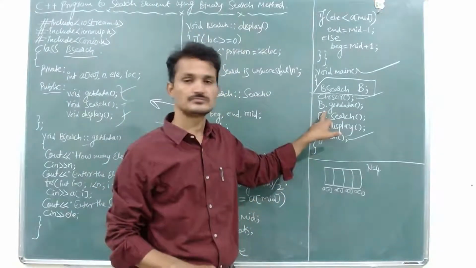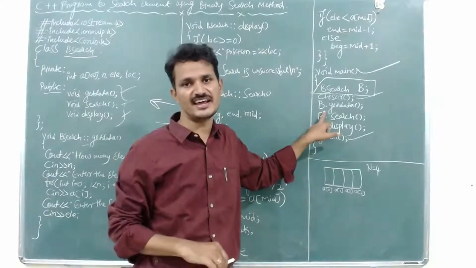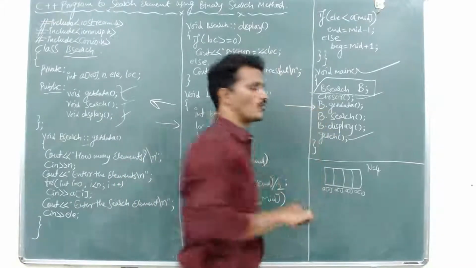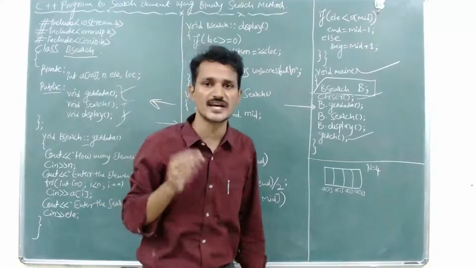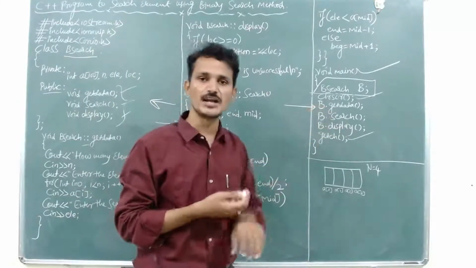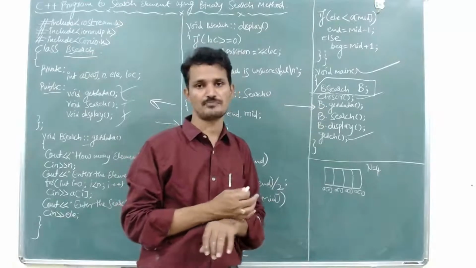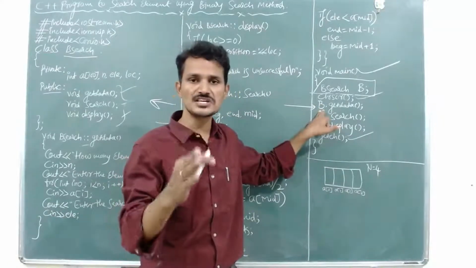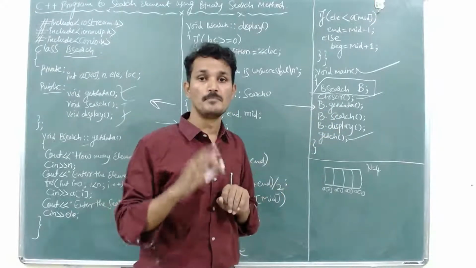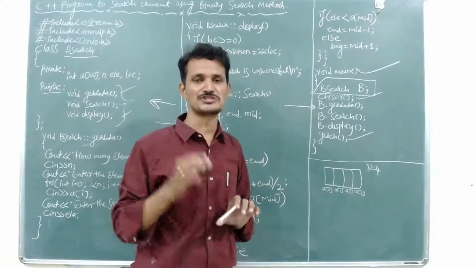The next line, B dot getdata. See, you need to concentrate on this particular line. What we are doing here is trying to access which member function? The getdata member function. B is a user-defined object name. Dot is a member access operator. You need to remember the name.